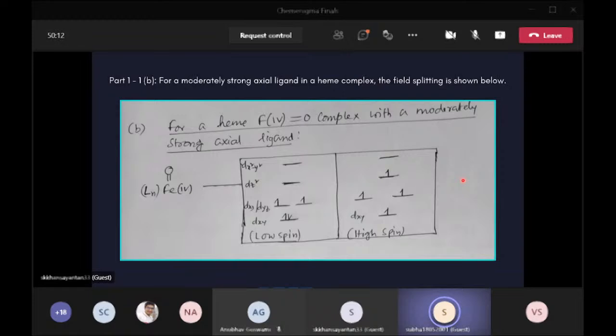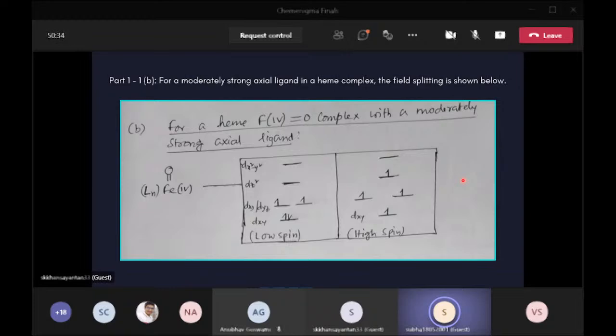In the high spin case, one of the electrons gets excited to the dz square level, forming the high spin complex. This may be the electron distribution for the heme complex with a moderately strong axial ligand.